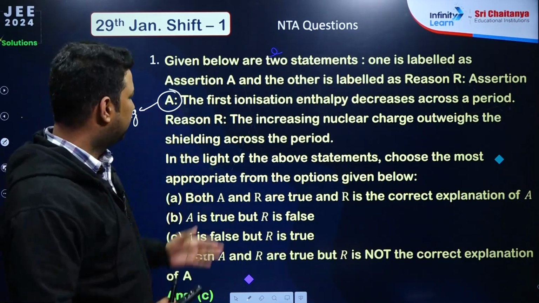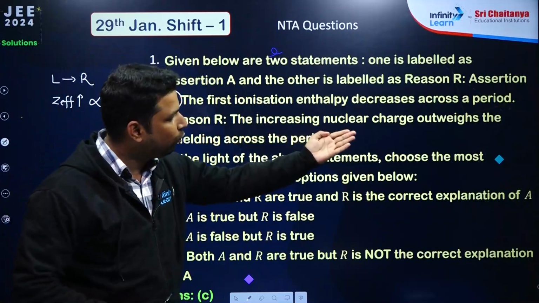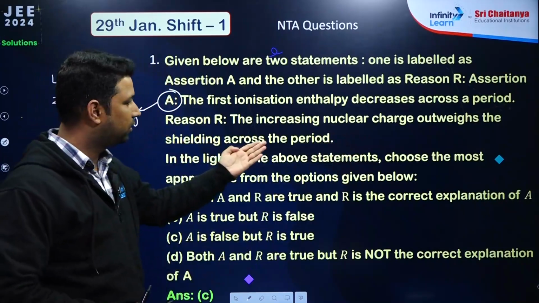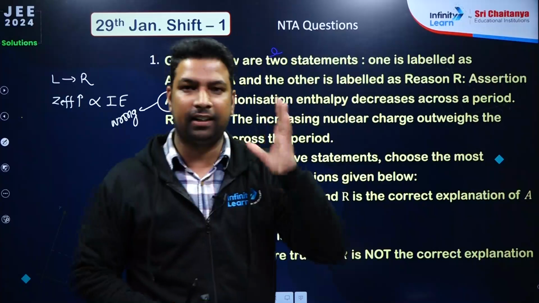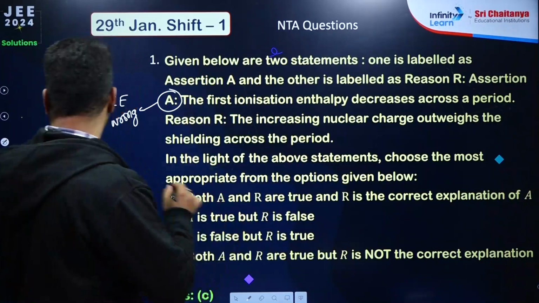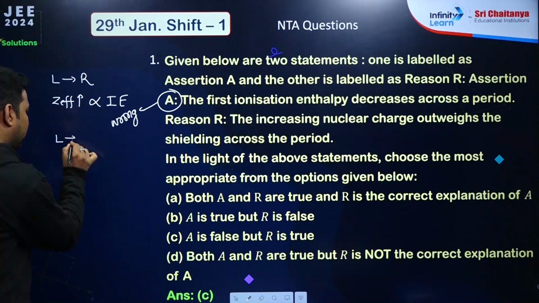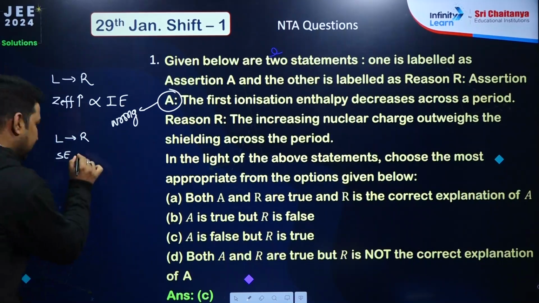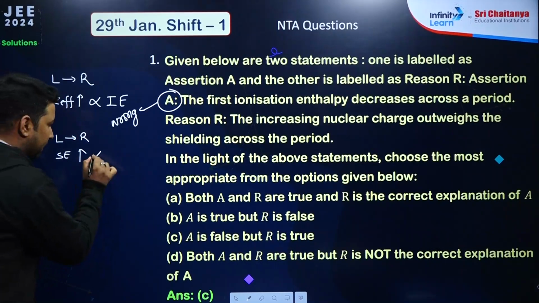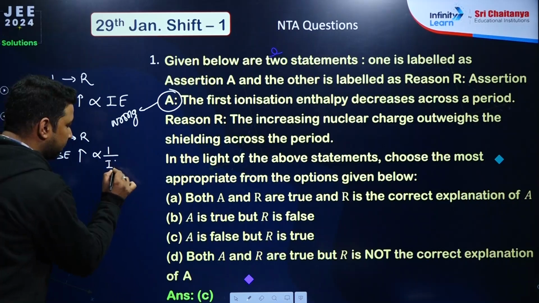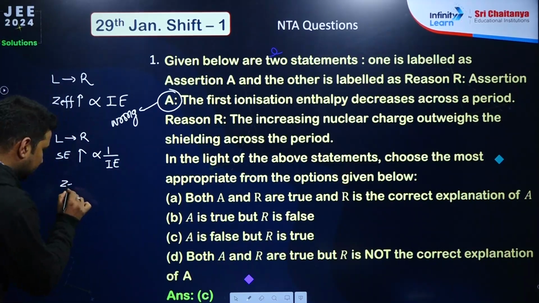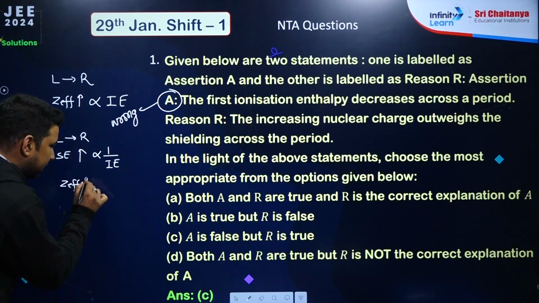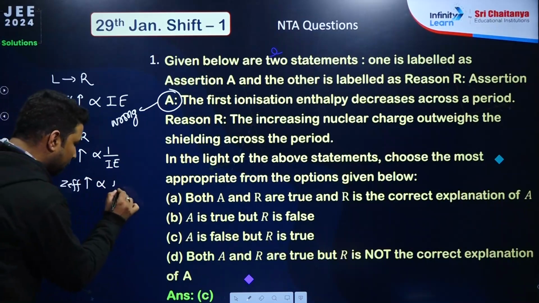Now, reason. The increasing nuclear charge overweighs the shielding across the period. This point is very nice because if you go from left to right, screening effect, that is shielding effect, increases. And shielding effect is inversely proportional to ionization energy. But effective nuclear charge also increases and it is proportional to ionization energy.